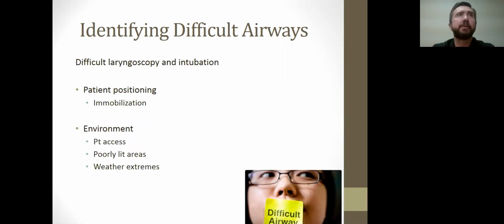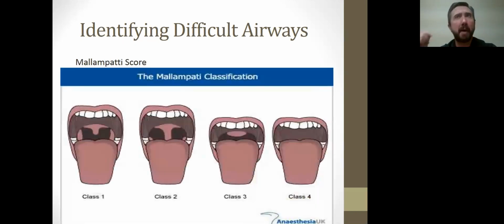So there's difficult laryngoscopy and intubation. The inability to position the patient's head can actually reduce the visibility by almost half. On the clinician aspect, that can lead to fatigue, a reduced glottic view, and possibly flawed decision-making in your attempts. So we're going to talk about the Mallampati score.